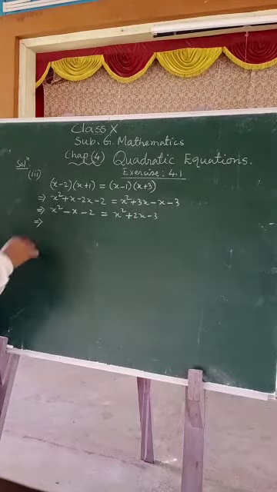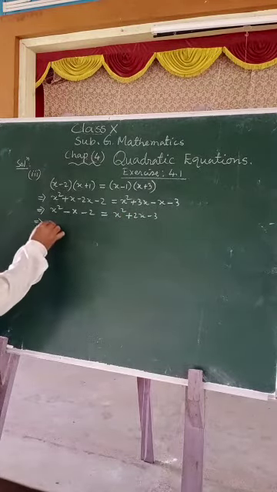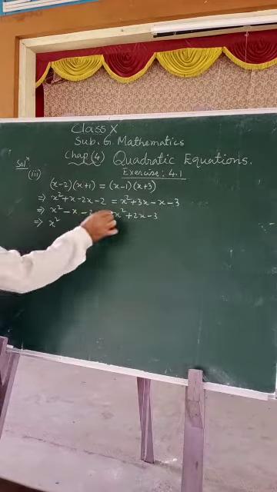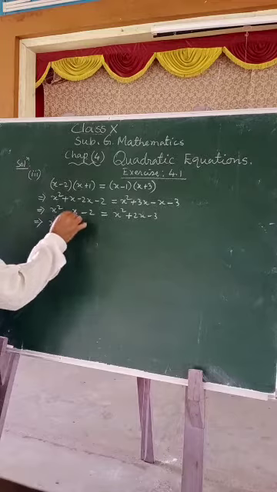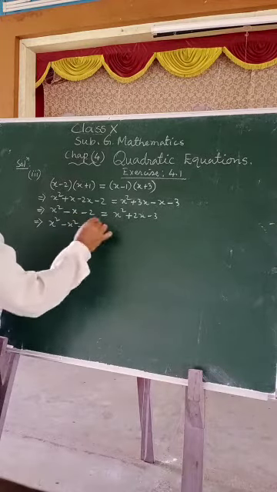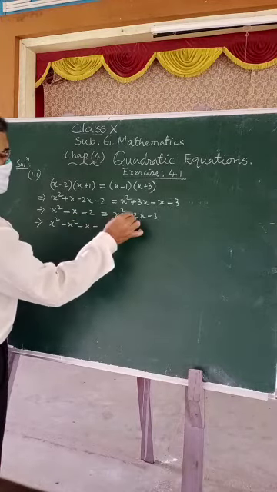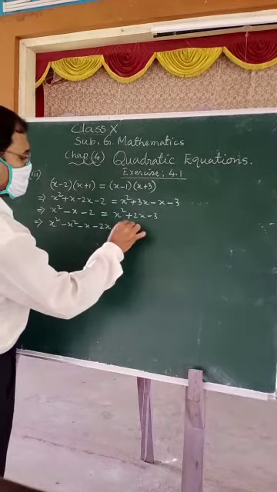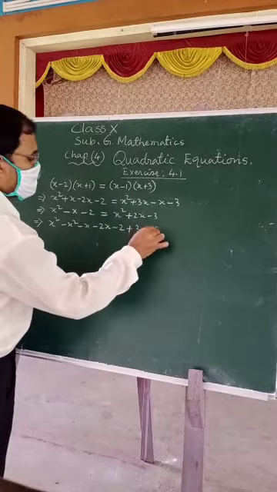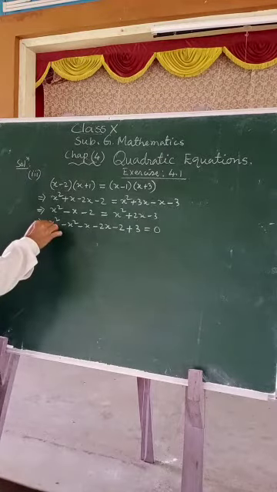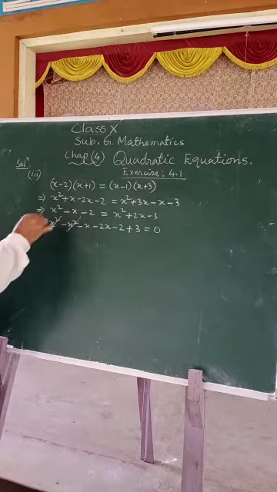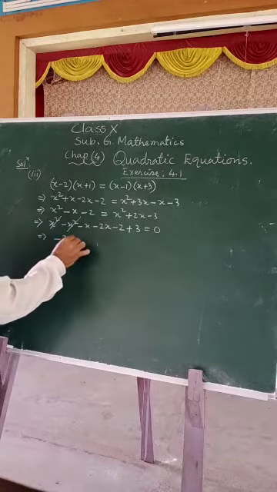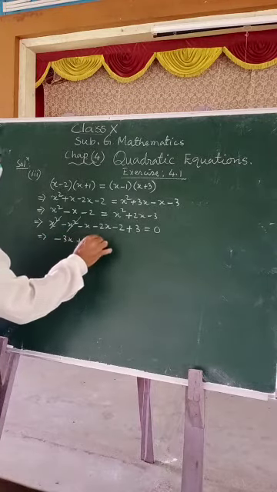Transposing from right to left, this will be minus x square, minus 2x, plus 3 equal to 0. So x square minus x square is cancelled. Then we get minus 3x plus 1 equal to 0.